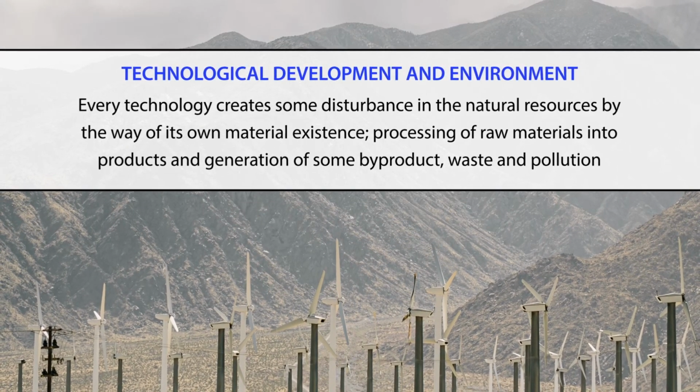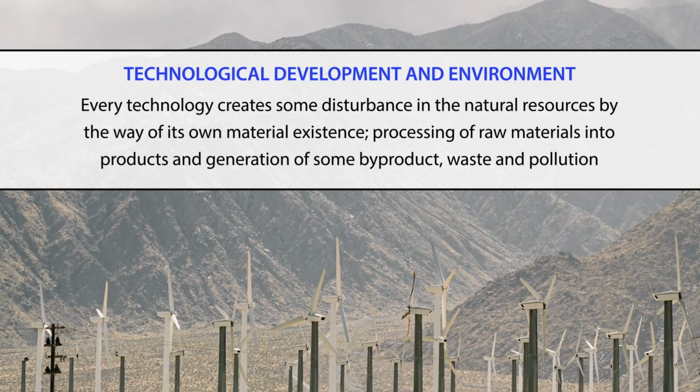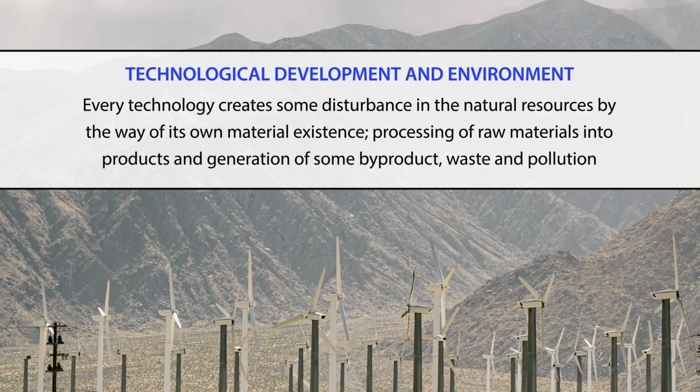So, each wave of technology generates a new set of wastes, which may be toxic waste, radioactive waste, electronic waste, or biodegradable waste, which is always preferred for sustainable technological developments.